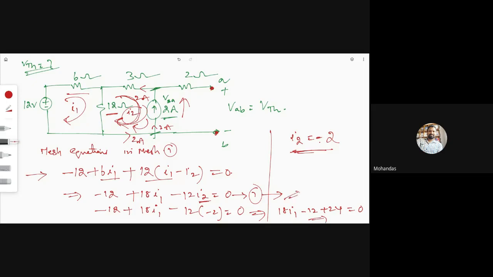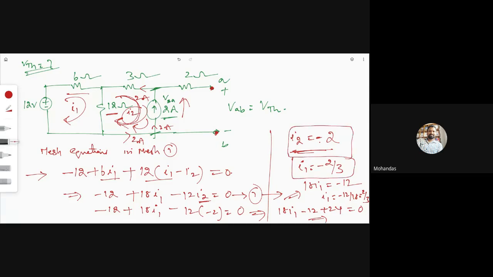From this equation, 18 I1 equals minus 12, right? Then I1 equals minus 12 by 18, which is minus 2 by 3. So I1 equals minus 2 by 3 amperes. So these are the mesh currents in the given circuit.